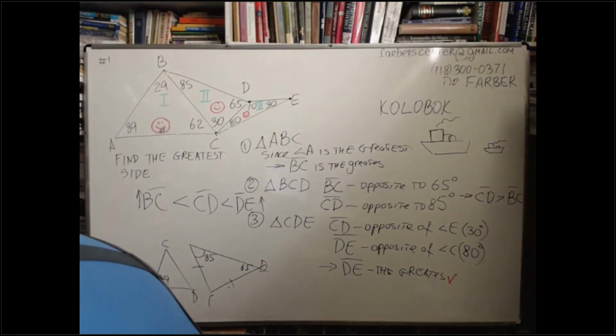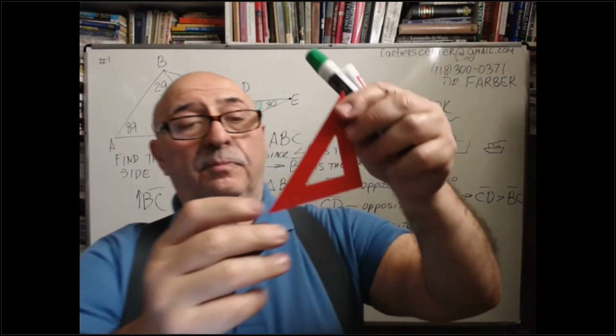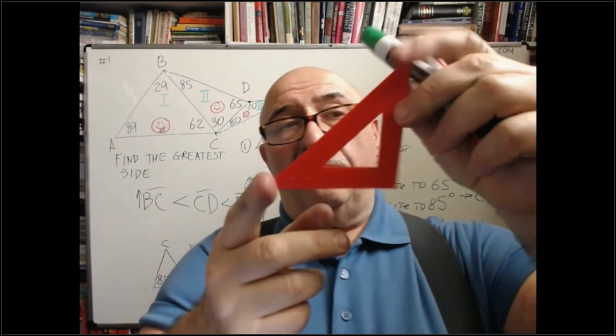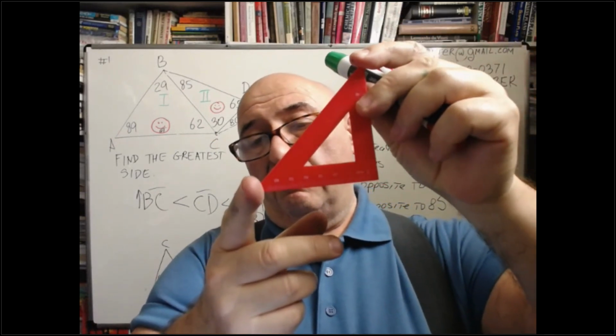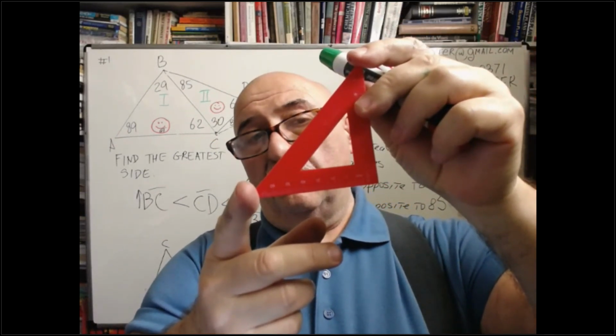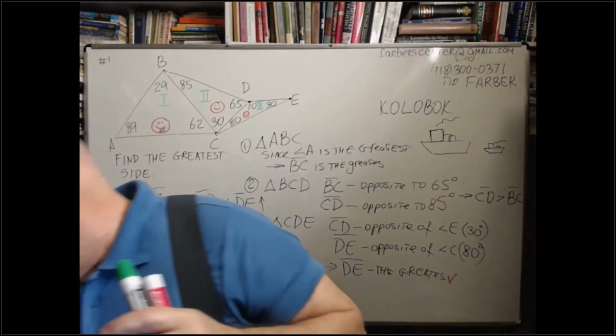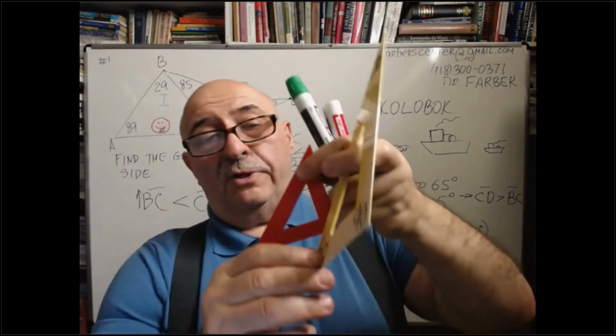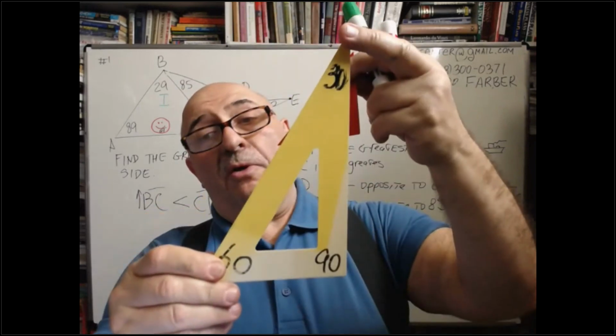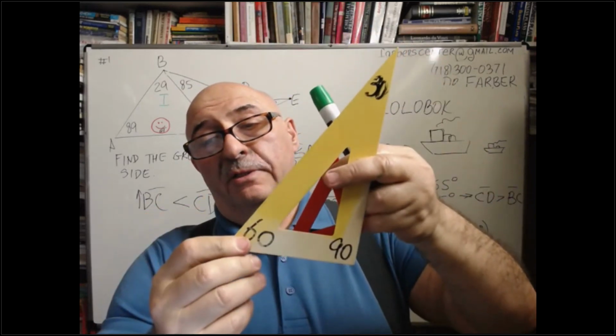I show this small triangle. This is 90, 45, 45. Yes or no? And I show this triangle, which is 90, 30, and 60.